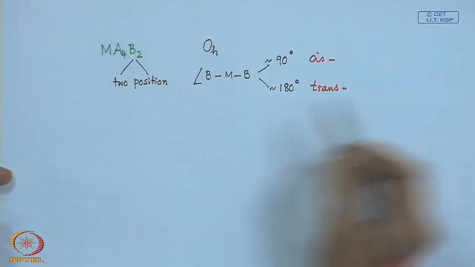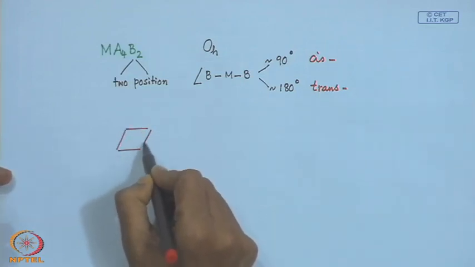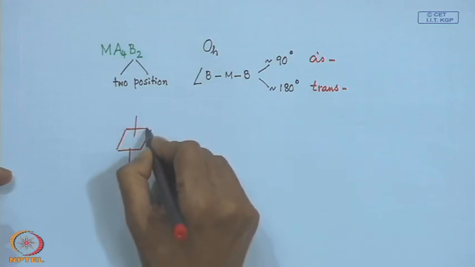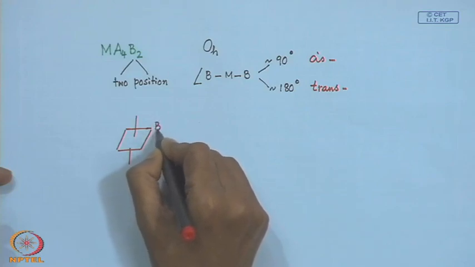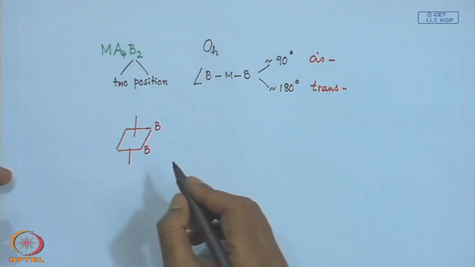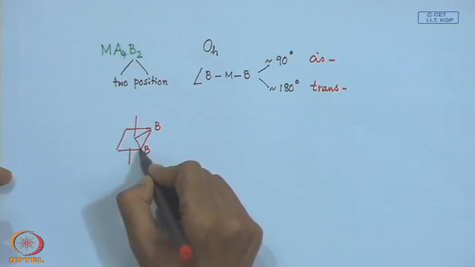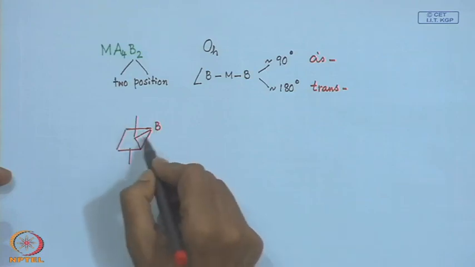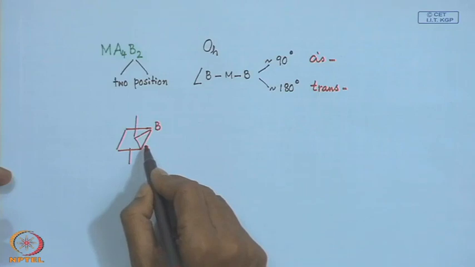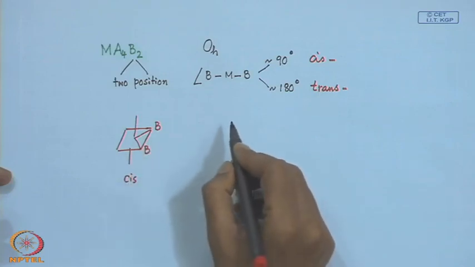When we consider the positions of B and B in an octahedral geometry, taking this particular square plane, we have a 90 degree situation, so it would be cis geometry.